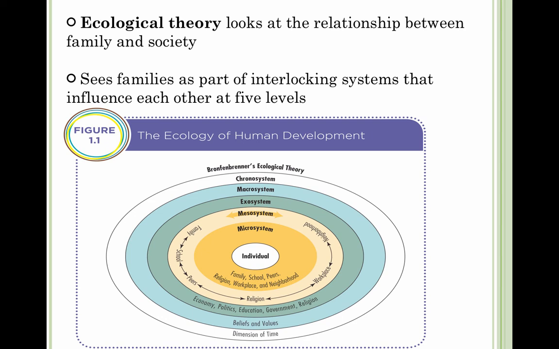The micro level, the one that's closest to us, consists of small groups in which people interact face to face, and directly affects the quality of life through relationships with individuals. Therefore, its nature and quality are important to us. So you see family, school, peers, religion, workplace, neighborhood.